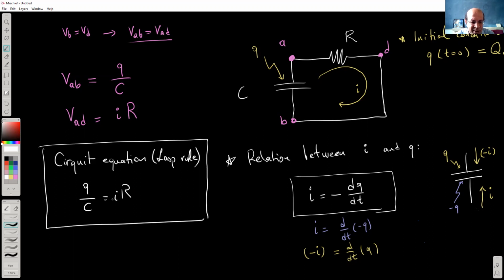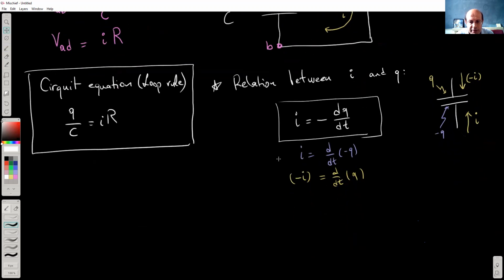Everything describes the physics. But that's the one that gives us how the current will change with time, right? Okay, I don't know if you have any questions. That's basically the part that we need to get over with.